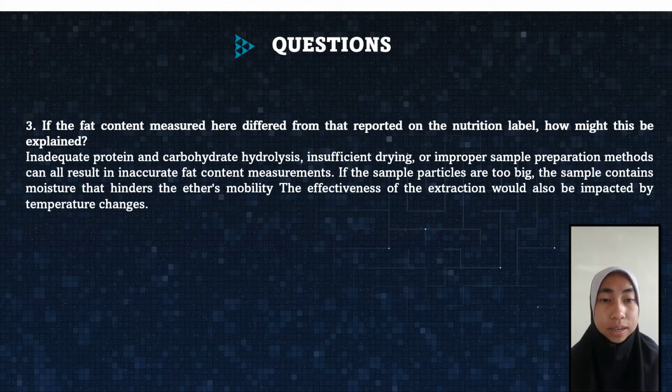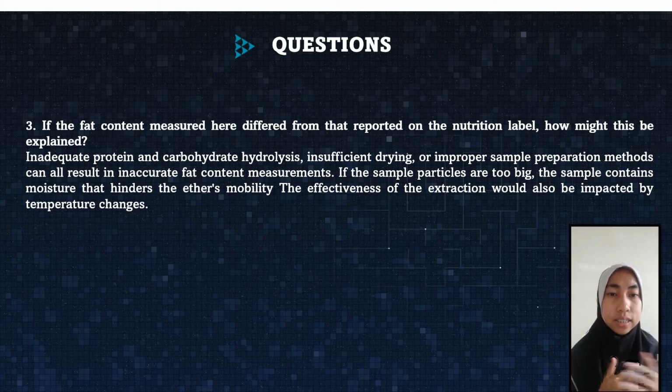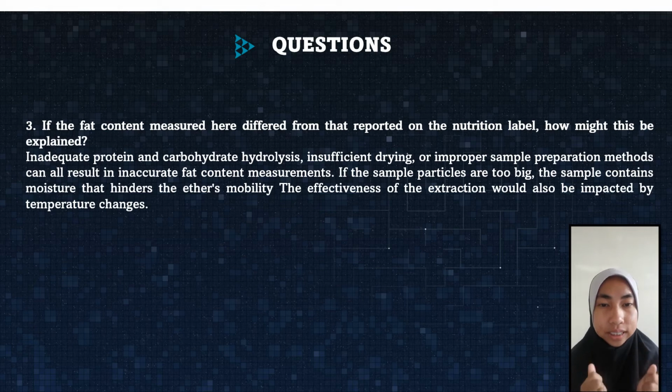If the sample particles are too big, the sample contains moisture that hinders the ether's mobility, or the fats are attached to protein or carbohydrates, non-polar solvents are unable to extract fat effectively. Changes in extraction selectivity and overall fat extraction efficiency will result from a change in the petroleum ether ratio.